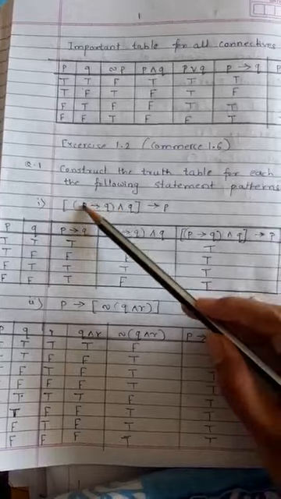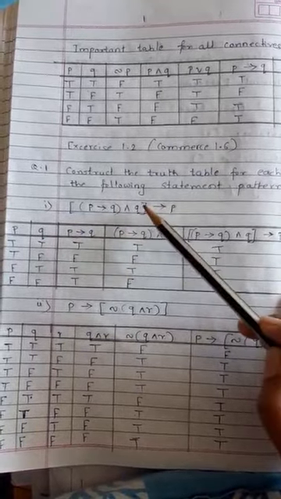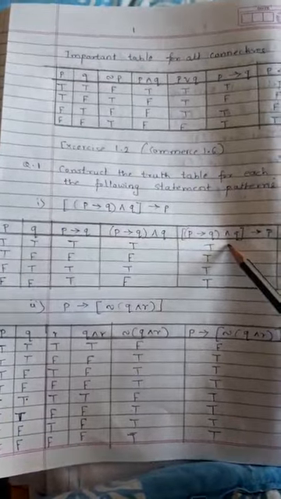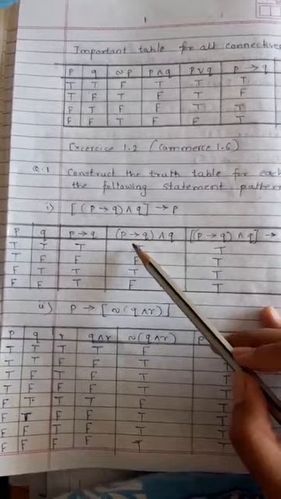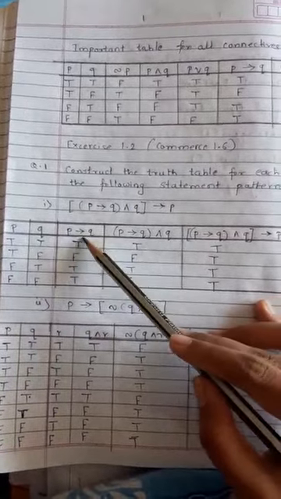We first find this, then this whole part, and then a combination of this and this. We cannot do it directly, so we have to follow these steps.